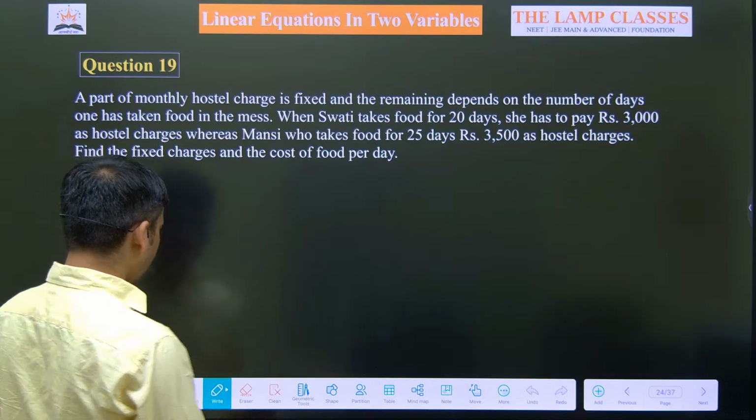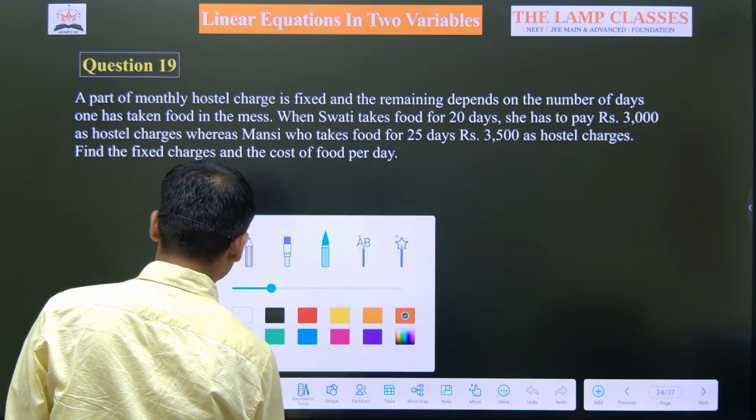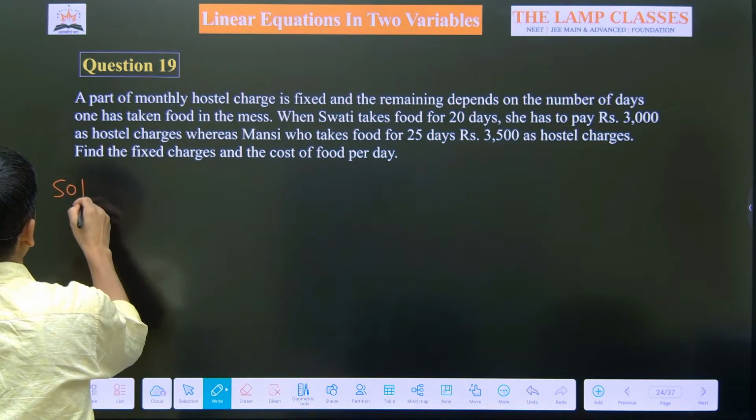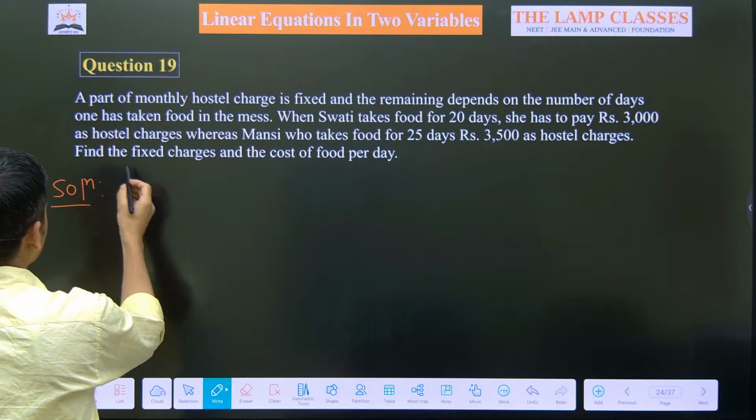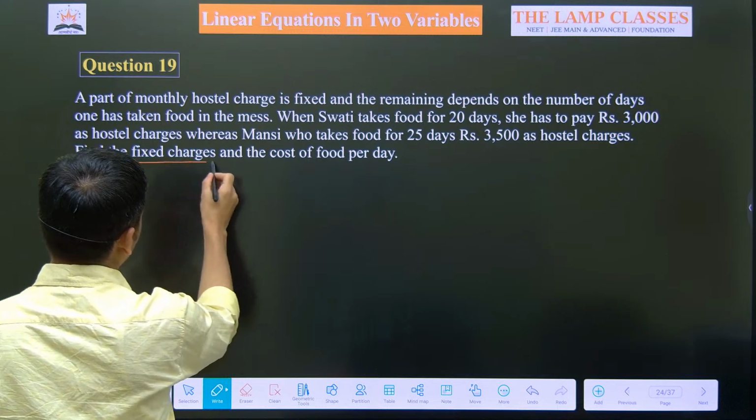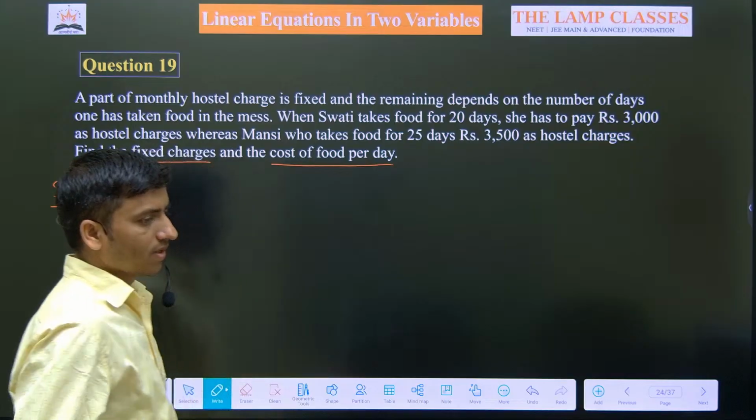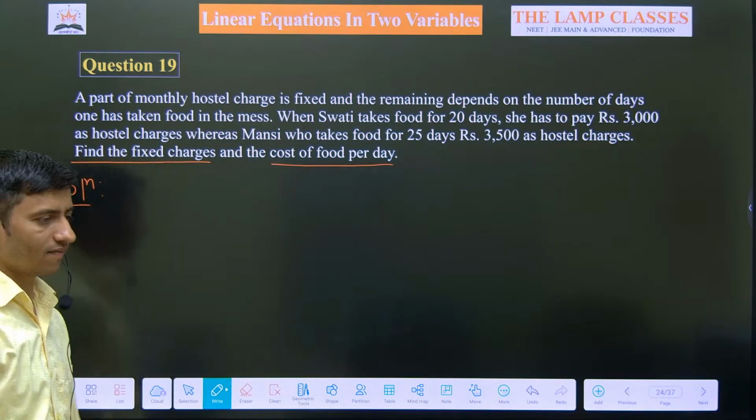Okay, so let's frame the equation. So the solution is, there are two things they're asking you to find, the fixed charge and the cost of the food per day. So can we name those as the required variables?